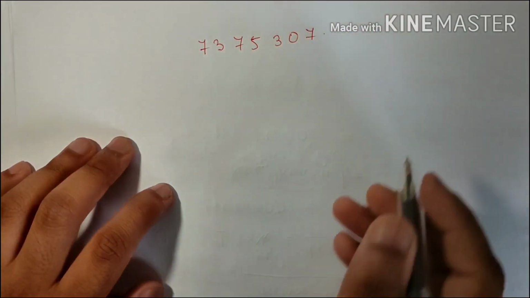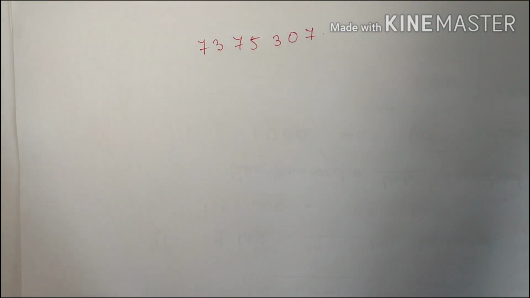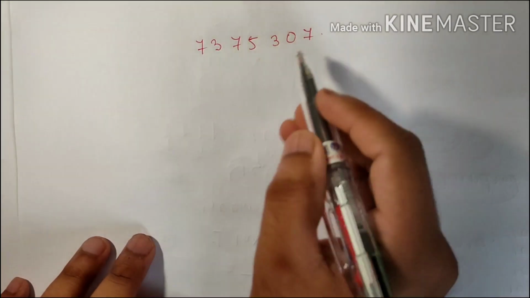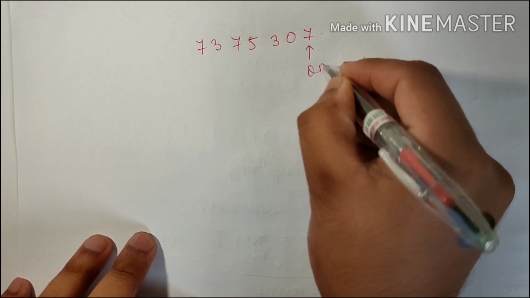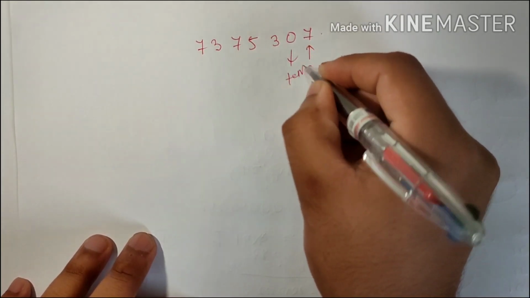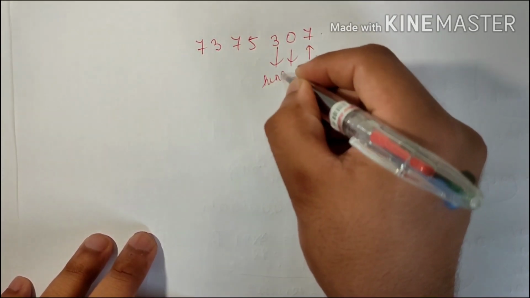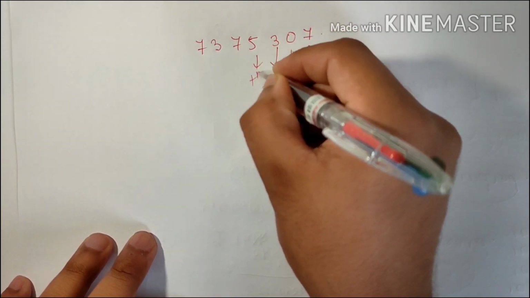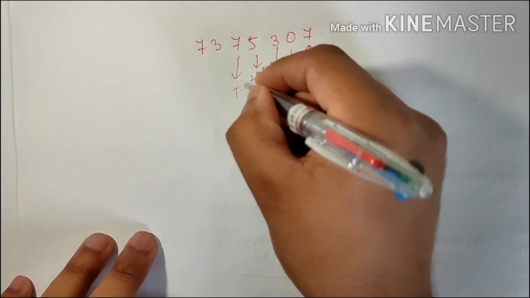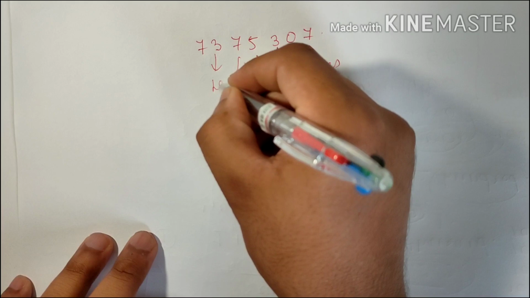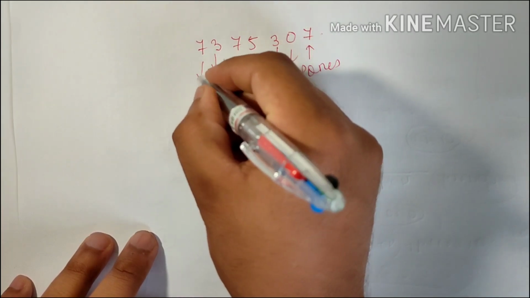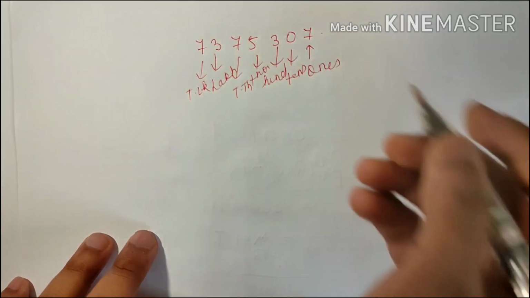Let's see whether this is matching with our given words. When you compare it, ones, tens, 100, 1000, 10,000, lakh, and then 10 lakh, isn't it? We have already known this from our table.